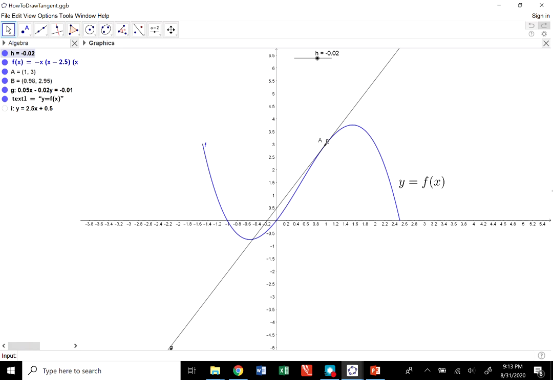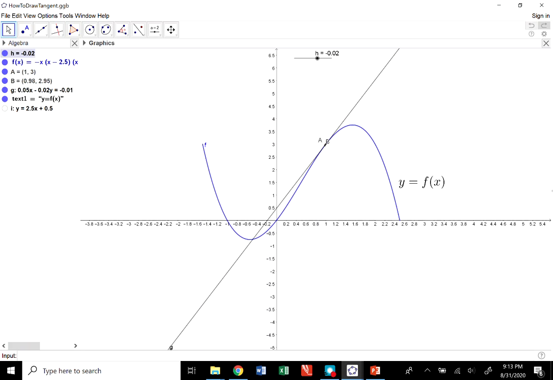Cool? Now check this out. In this case, whether we let B approach A from the right or from the left didn't matter. Eventually we got the same tangent line from points to the right and points to the left. That need not always happen, but at least in this case it happened.